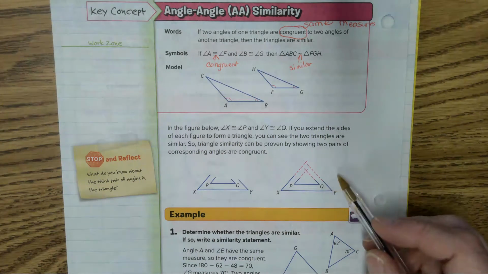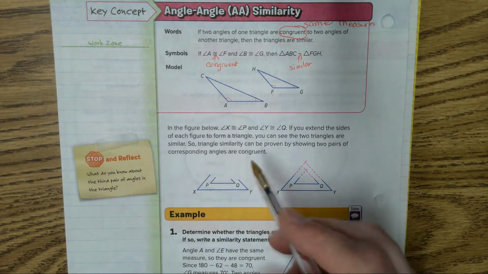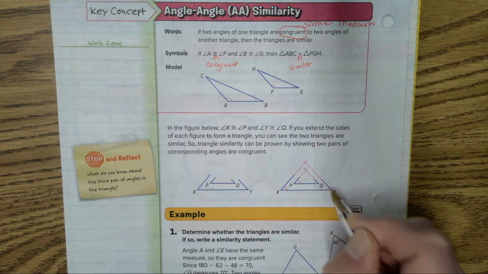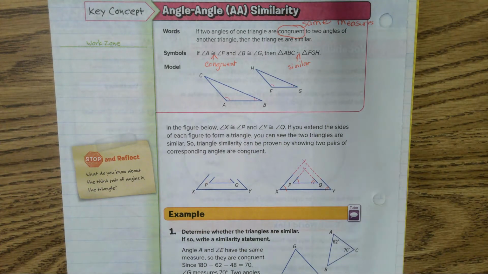One's just bigger than the other. Similar means same shape but different sizes. So, the triangle similarity can be proven by showing two pairs of corresponding angles are congruent. Okay, X is congruent to P and Y is congruent to Q. Okay, notice how I put two little arcs there.